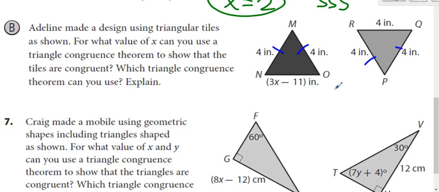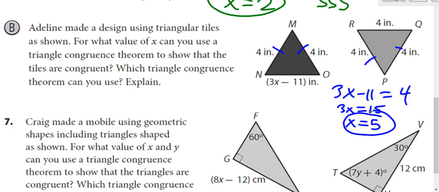So if we have our equation right there, 3x minus 11 has to equal the other side, 4. Add the 11 over, and divide, so you get x equals 5. And again, it says which triangle congruence theorem can you use? And again, that would be all three sides congruent to all three sides. So that is side, side, side.